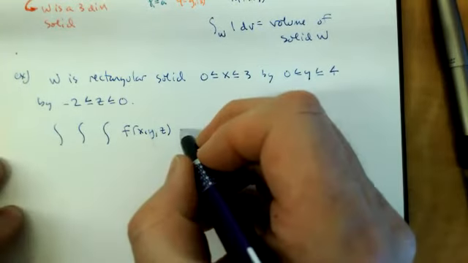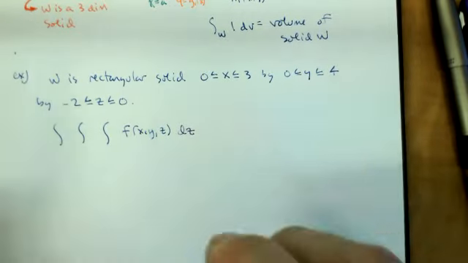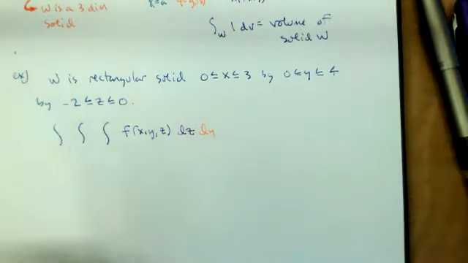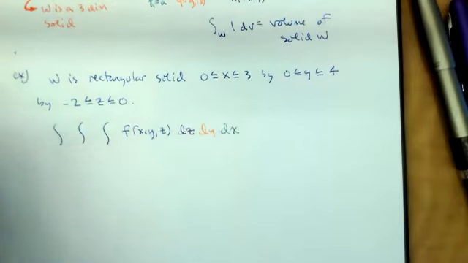So let's set up a dz dy dx integral. Just like our intervals, just like a rectangular region for a double integral, rectangular solids are going to be the easiest triple integrals that we can set up.